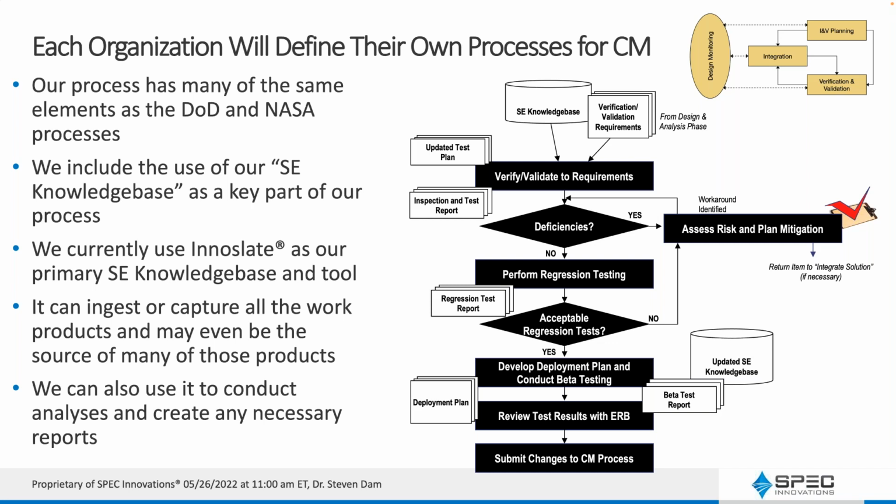And of course, then we always look for, are there deficiencies and how do we resolve those? And of course, we put risk analysis in all our processes because we know risk analysis is really critical for what we do in anything. And also then regression testing. So again, that's a software term, tends to be, but you do effectively the same thing on the hardware side. And so we have that as part of our process as well.